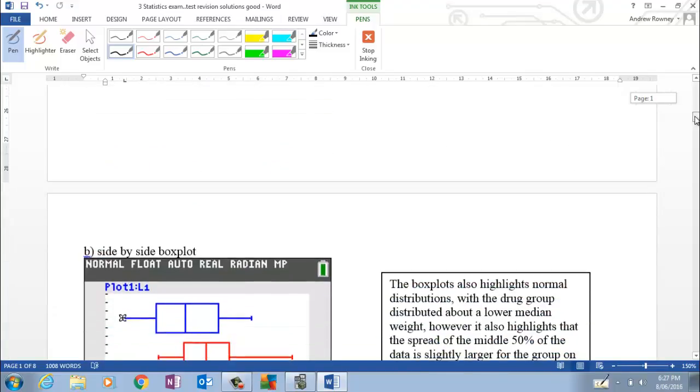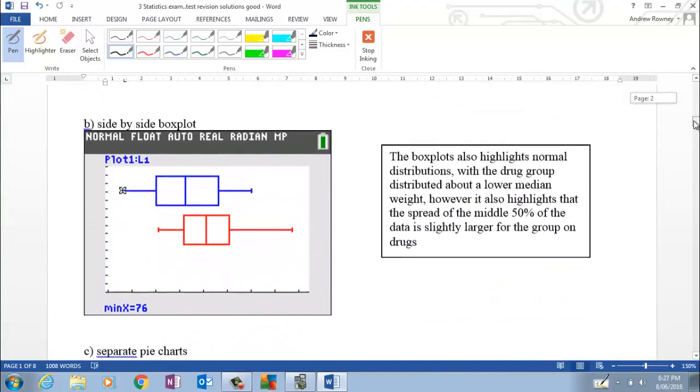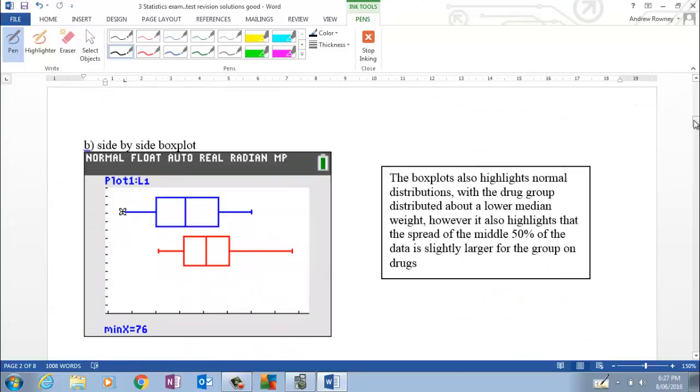The next thing we can display is box plots. Likewise, you go second stat plot in the graphics calculator, choose the box plot, and we can see straight away that the rats on drugs is the blue one. That's shifted more to the left. The control group is a little bit higher, so placing a control group on drugs would actually reduce their weight.